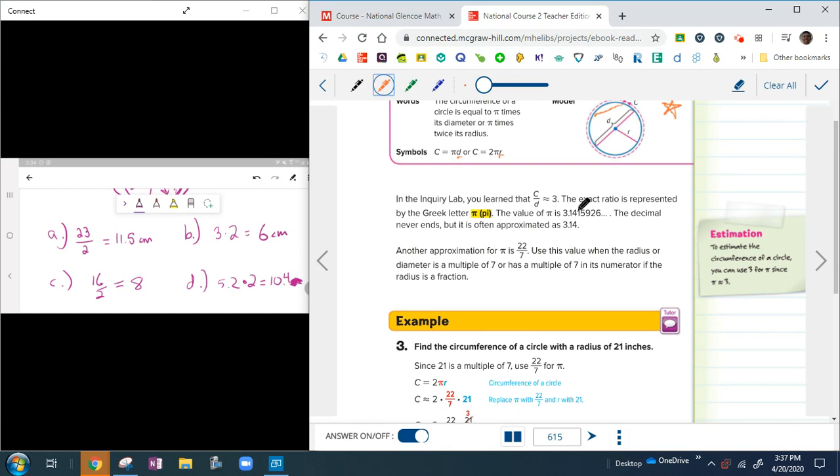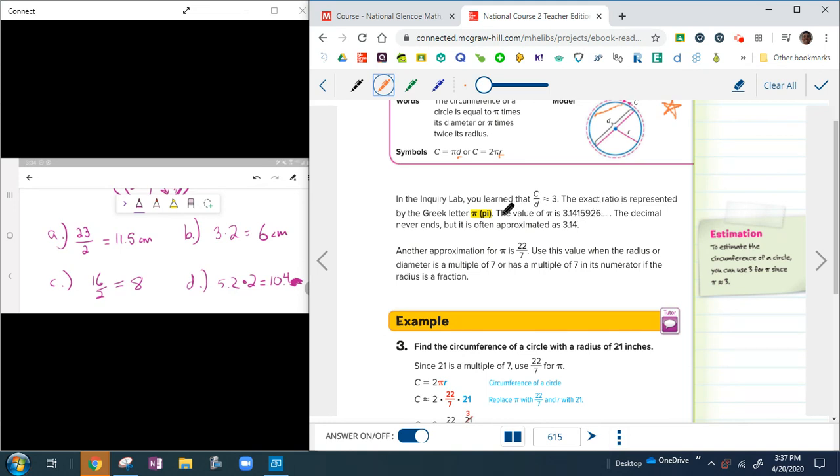These are called approximations. The more decimals you use, the more exact your answer will be. But oftentimes we just approximate it to 3.14 as good enough. It's not exact, but it's good enough.